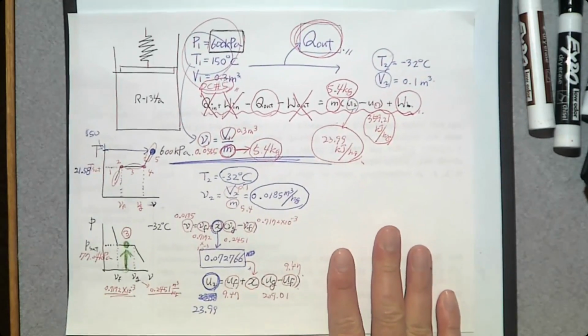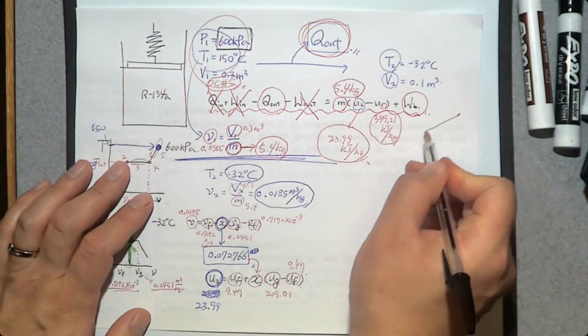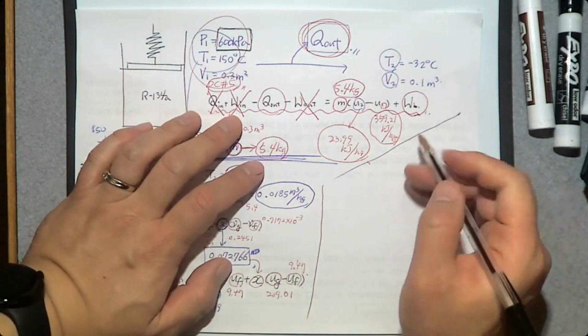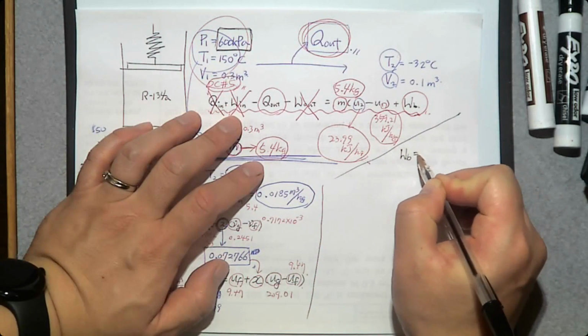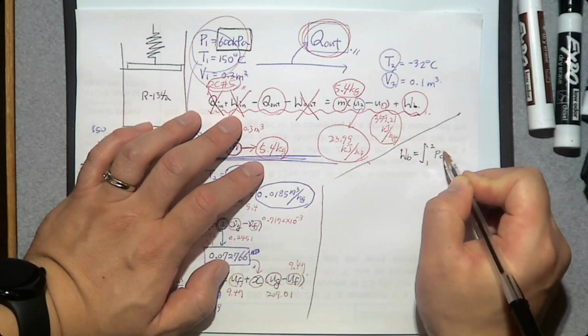So now let's find this moving boundary work. If you have a spring-loaded piston cylinder device, how can you determine its moving boundary work? By the definition, moving boundary work WB can be determined by the integral from 1 to 2 of P dV.